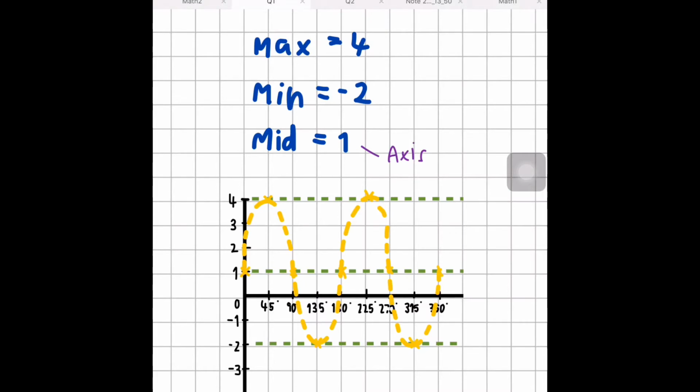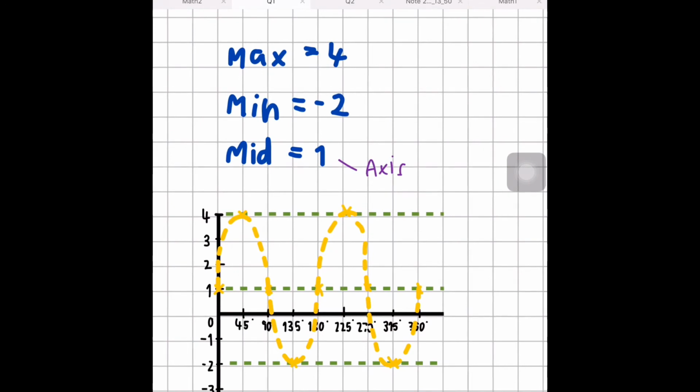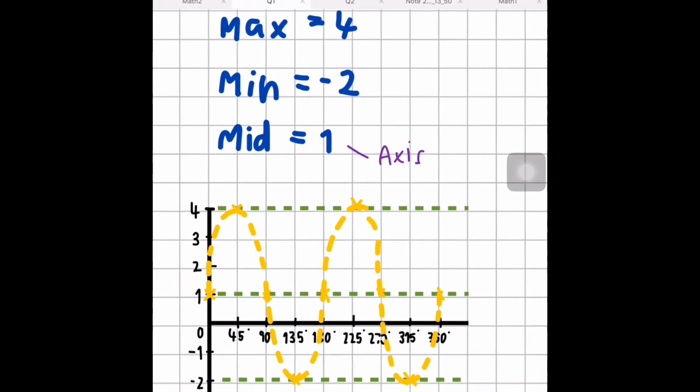So first we will draw a line for the maximum line, midline, and minimum line, because it will be easy to plot the graph, like this. And then we will start to plot the graph now.